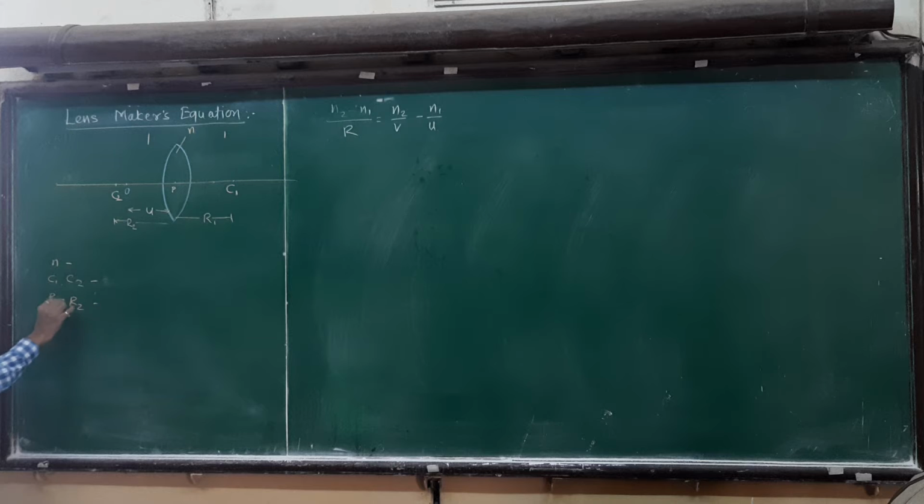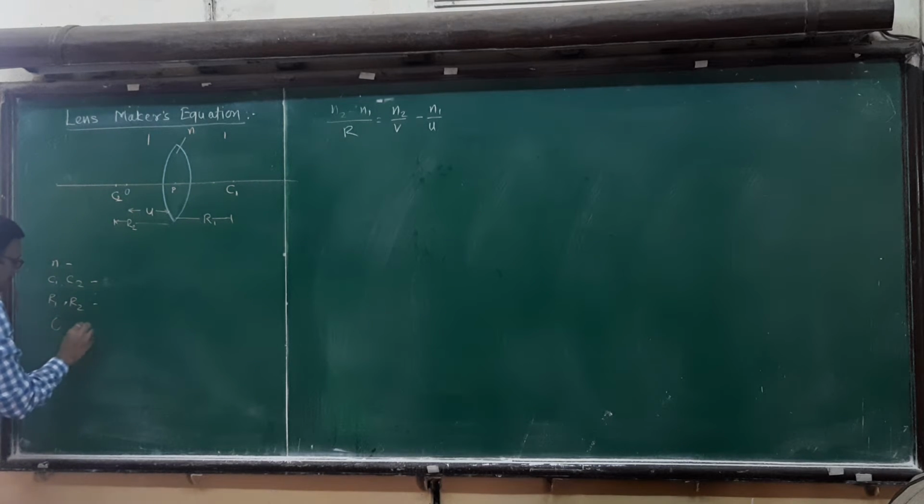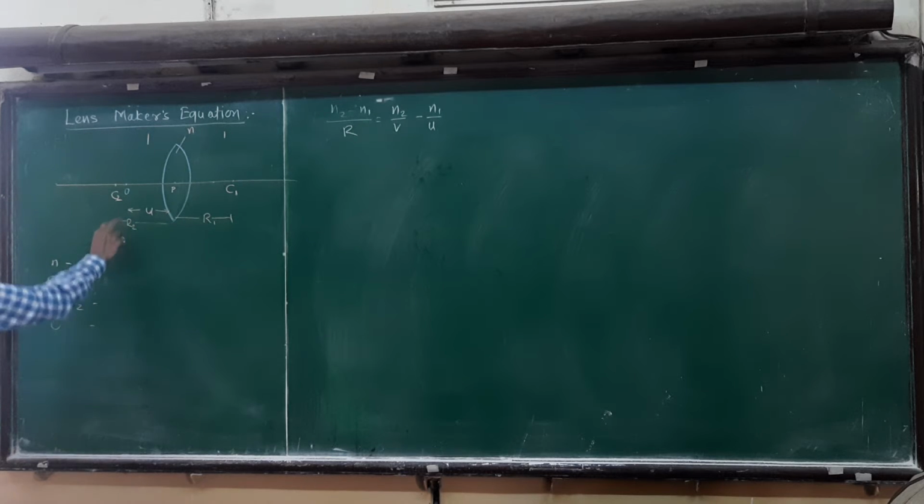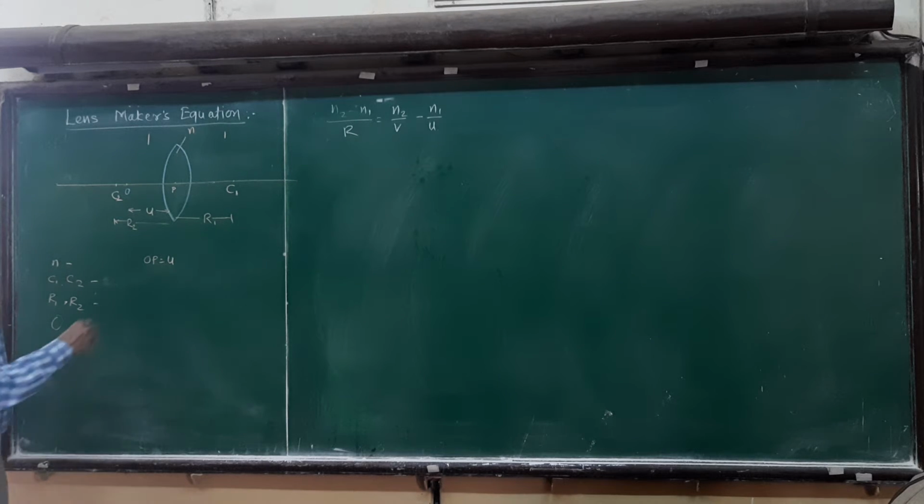R1 and R2 are the radii of the first and second curved surfaces respectively. O is the point where a point object is placed, at a distance u from P. Then OP is equal to u, and we consider that distance as minus u because it is on the left side of the pole.